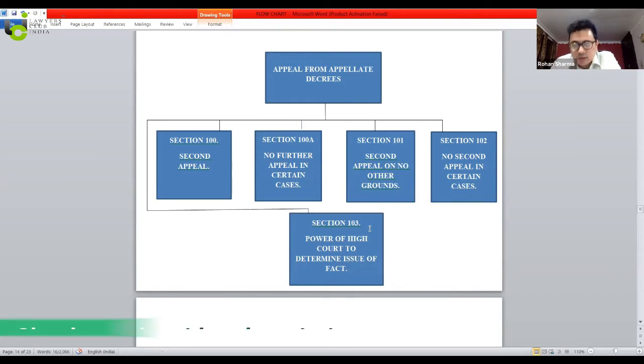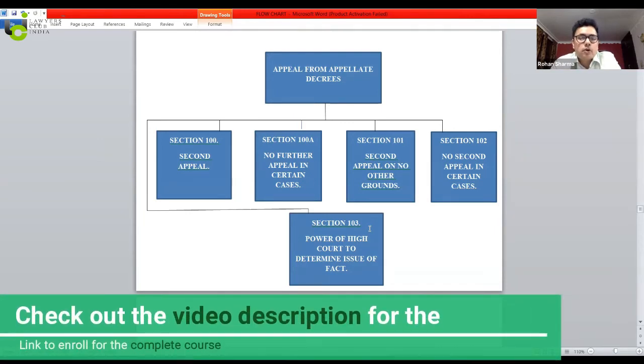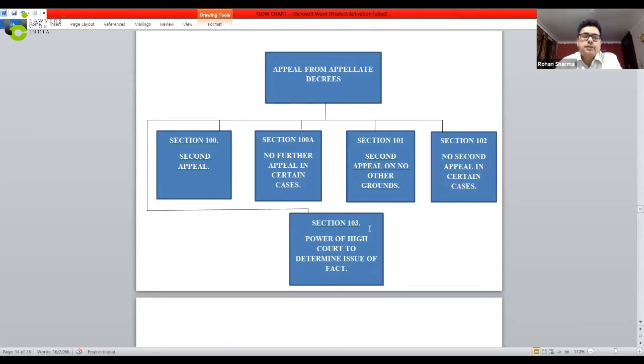Now, this lot of sections specifically talks about the circumstances where your second appeal lies. There's a very specific set of grounds on the basis of which you can raise a second appeal before a high court.